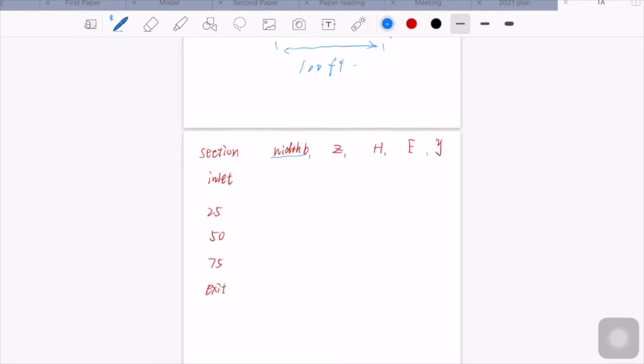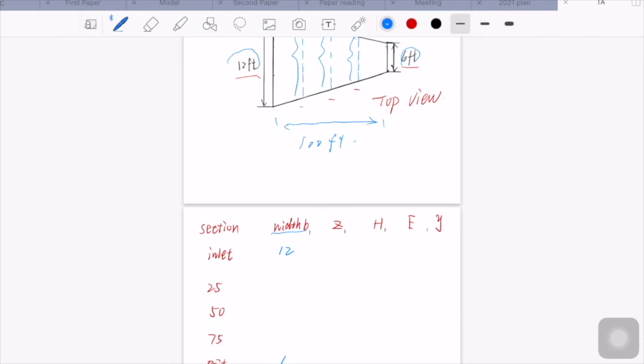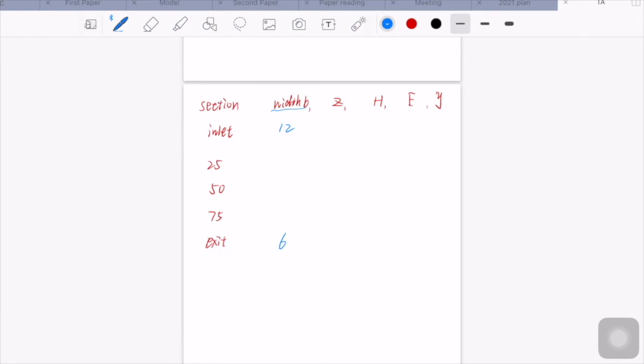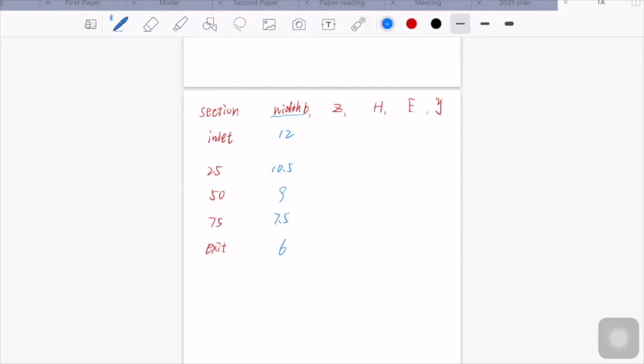So the inlet is 12 feet and the exit is 6 feet, and we can determine the other widths at the other sections. So they are 10.5 feet, 9 feet, and 7.5 feet. Let's add the unit for each column. This is feet, feet, feet, feet.